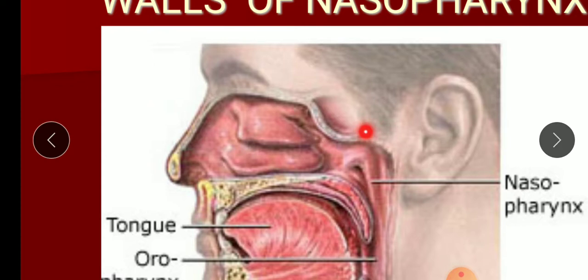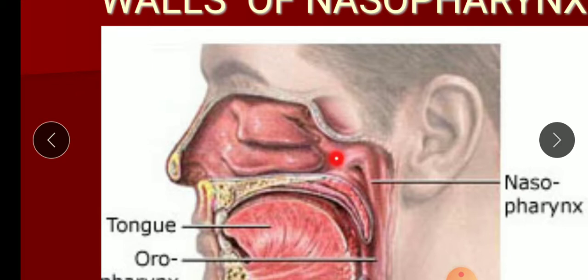This roof becomes continuous with the posterior wall, which is reinforced by the anterior arch of atlas. That anterior arch of atlas will be covered by the pharyngobasilar fascia, then the superior constrictor. So the roof, body of sphenoid plus the basilar part of the occiput, is continuous with the posterior wall, and the posterior wall is formed by the anterior arch of atlas.